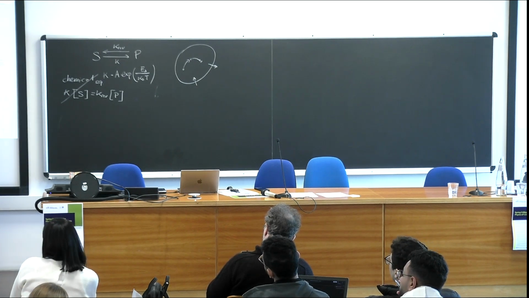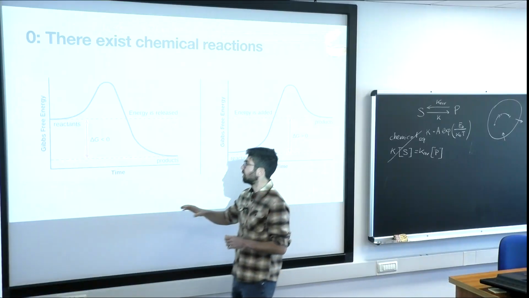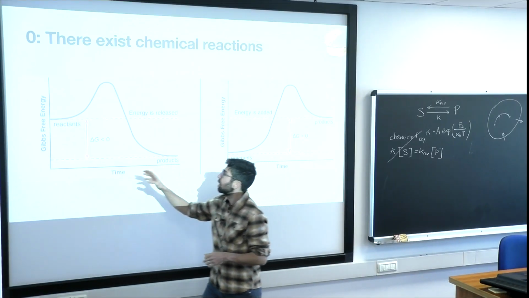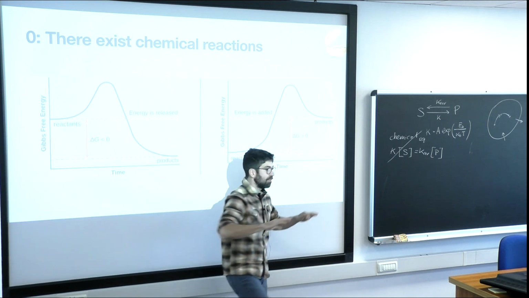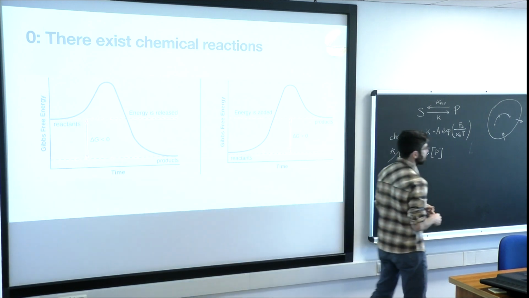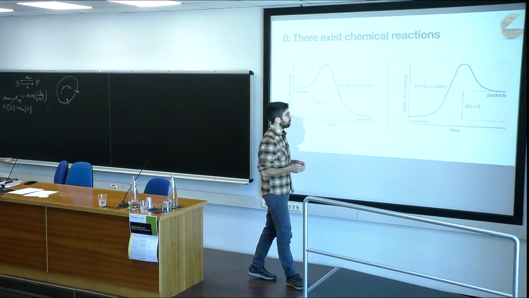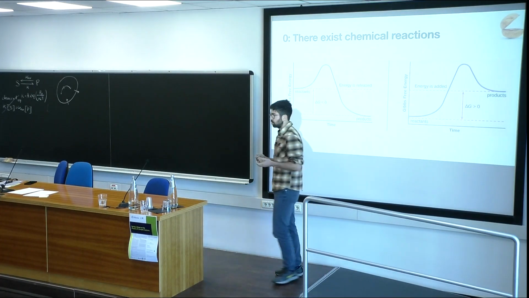On the graph, what this shows you is that if you start with some reactants and some product, you have two types of reactions: reactions that release energy as an output, and reactions that need energy to be performed.